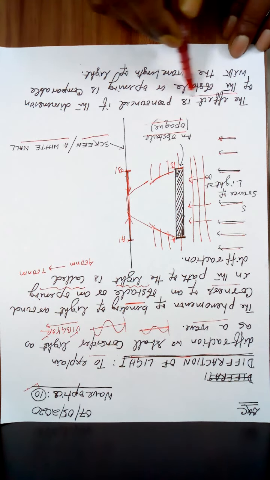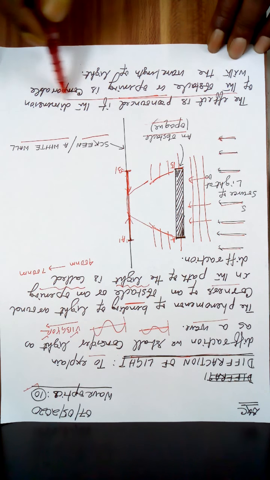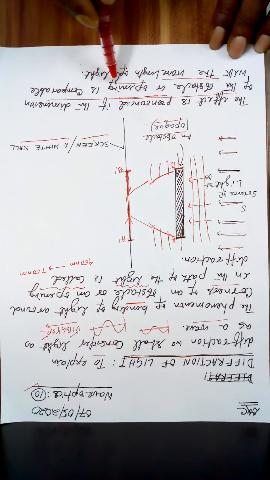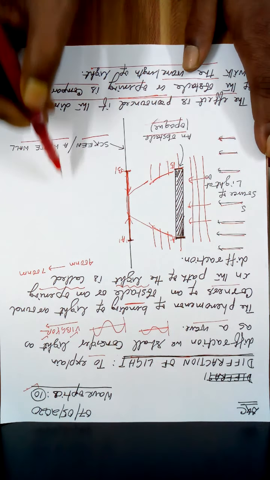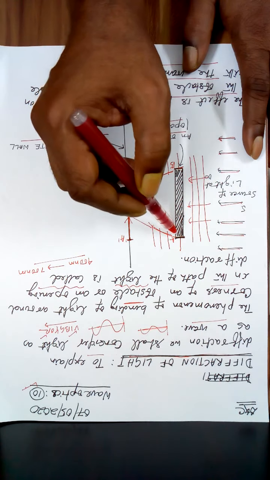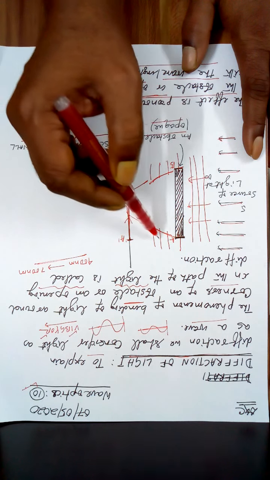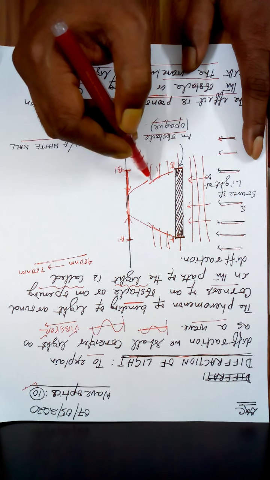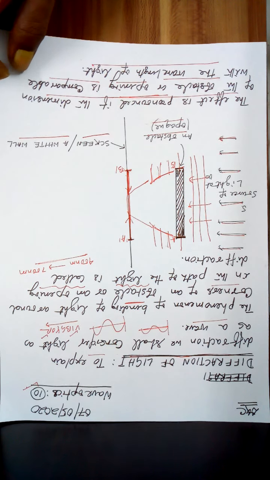Now this effect is more visible if the dimension of the obstacle or opening is comparable with the wavelength of light. Wavelength of light is very small. If the dimension of this obstacle is comparable with this, then this bending is more. So that I'm going to show in a different diagram.